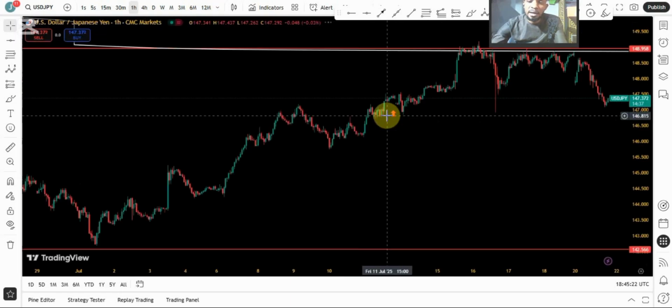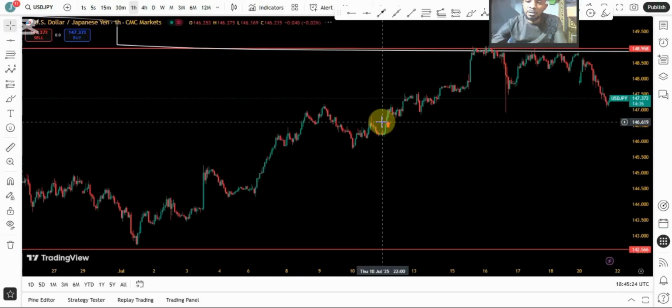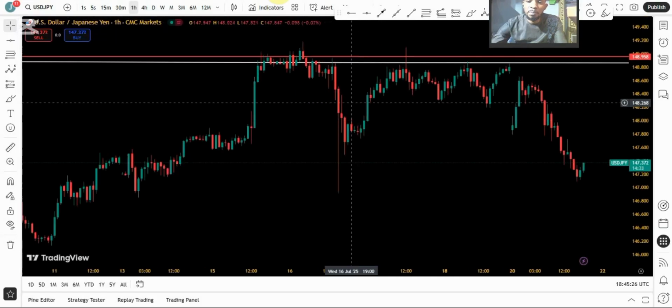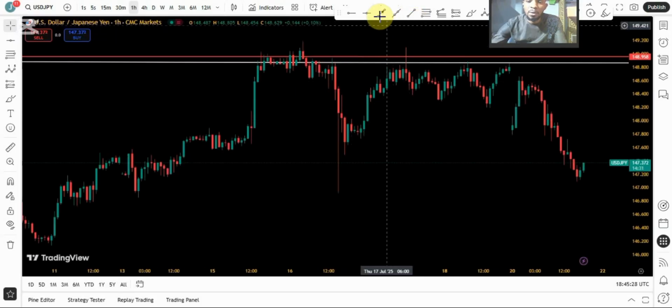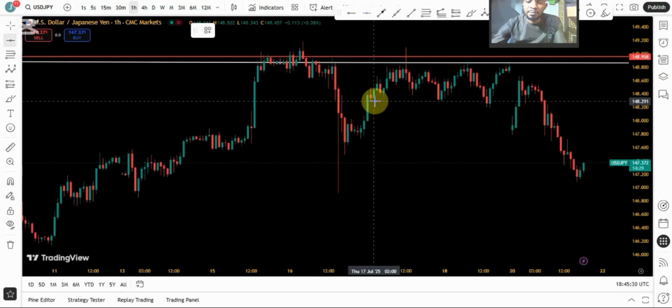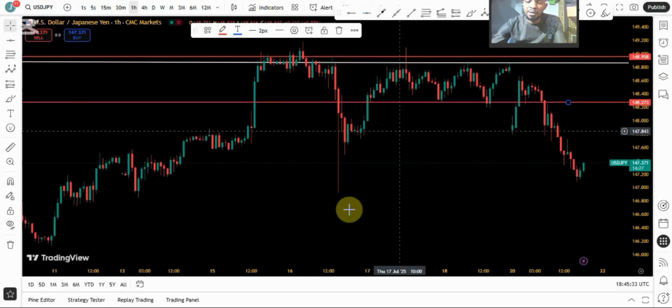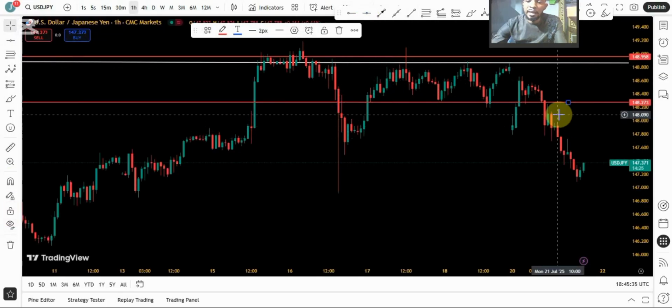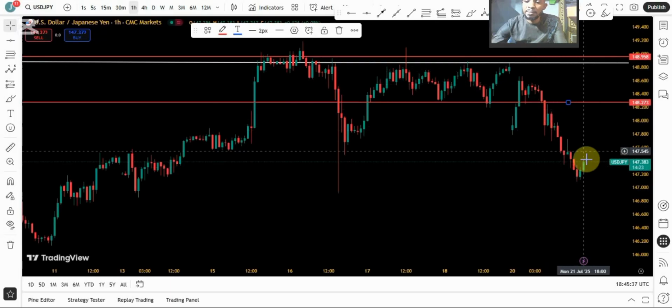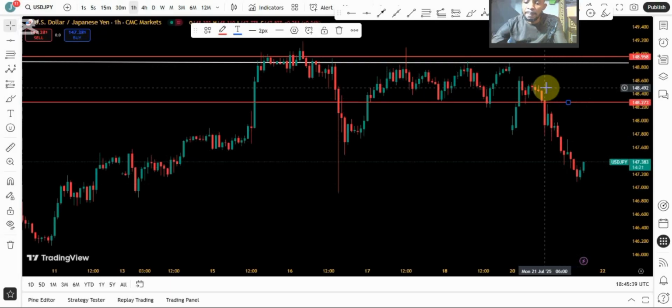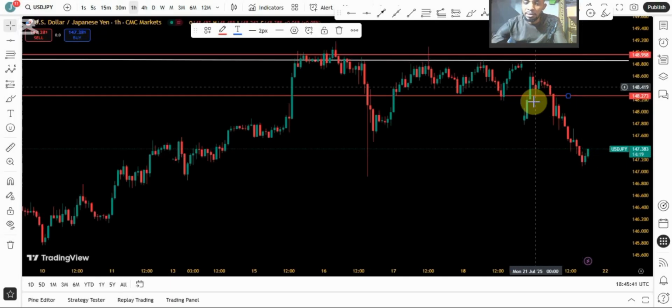This is the time frame that I'll be focusing on in order to place my trade. I pick up my horizontal line once again and place it on this level. On the 1 hour time frame, I can see that the market is currently selling.